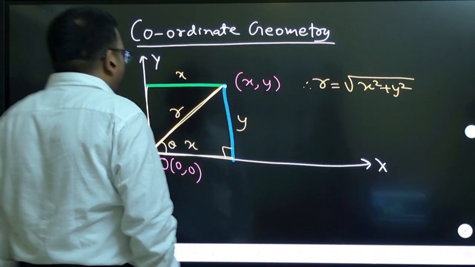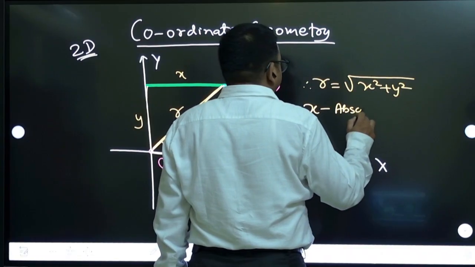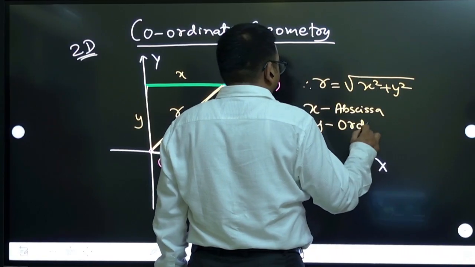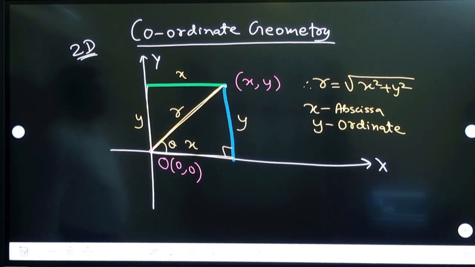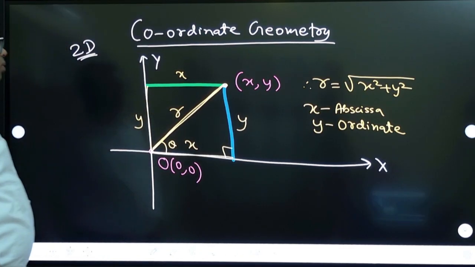In coordinate geometry, x is called abscissa, and y is called ordinate. Abscissa and ordinate. So any point can be represented by these two values, abscissa and ordinate.